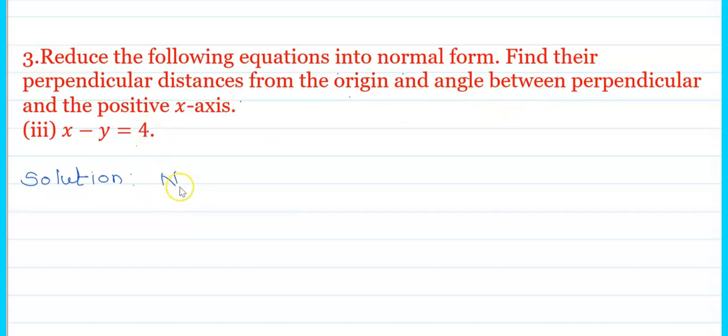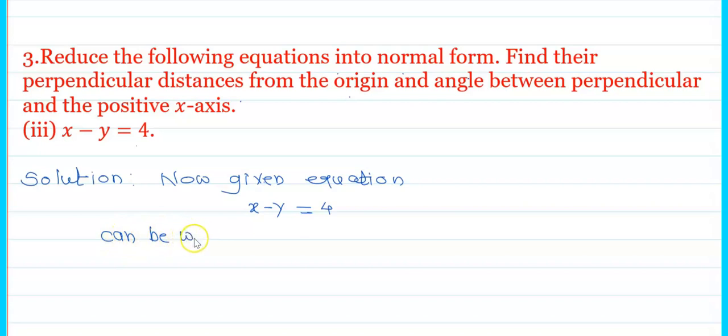Now the given equation x minus y equals 4 can be written as 1 times x plus minus 1 times y equals 4.